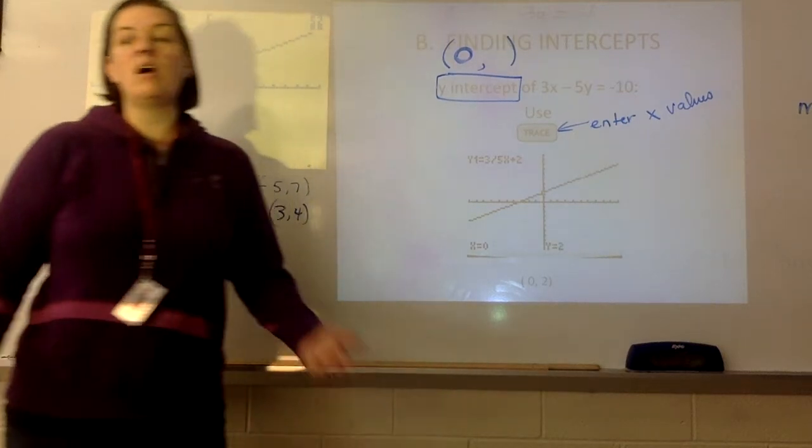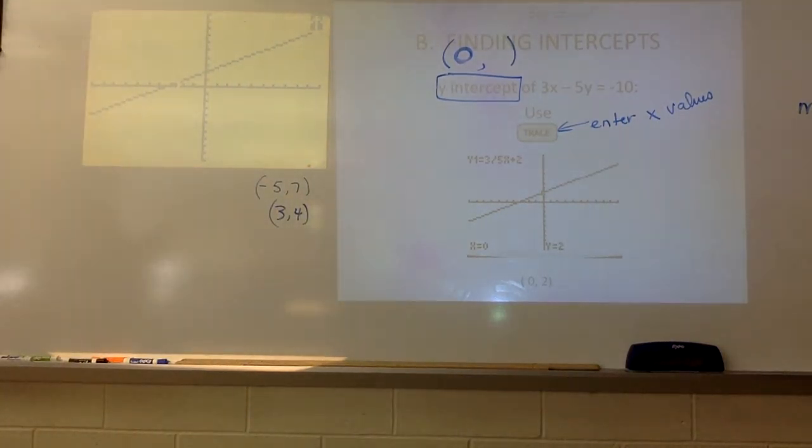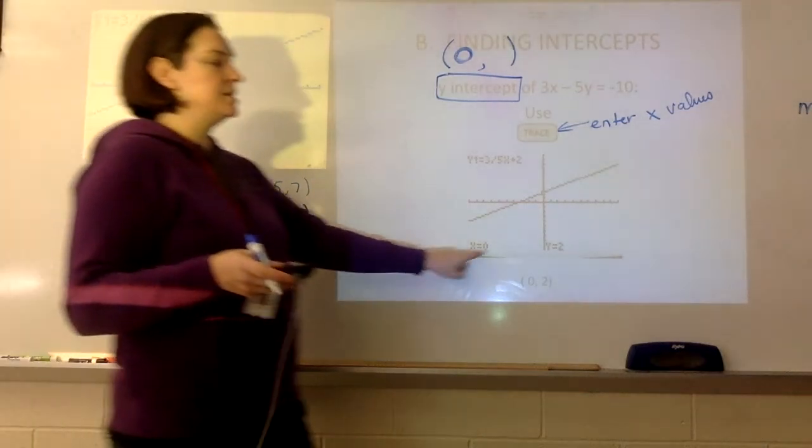When my graph is up and I hit trace, what does it prompt me for at the bottom? The x value. In this case, the x value is 0, so I would type that in. So I click on trace, x is 0, and then notice it gave me the ordered pair 0, 2.